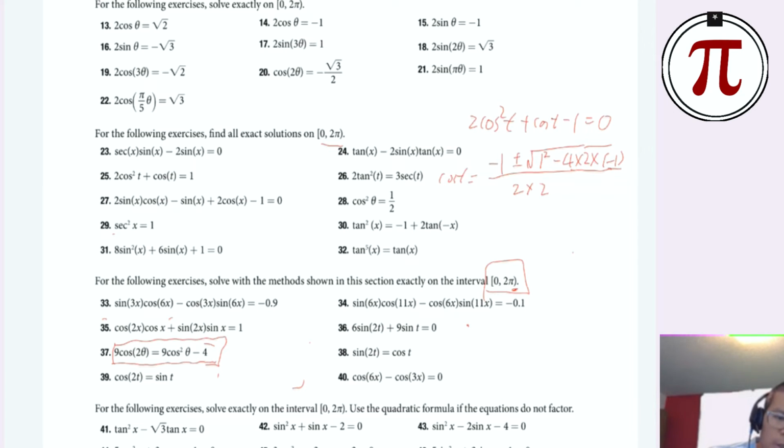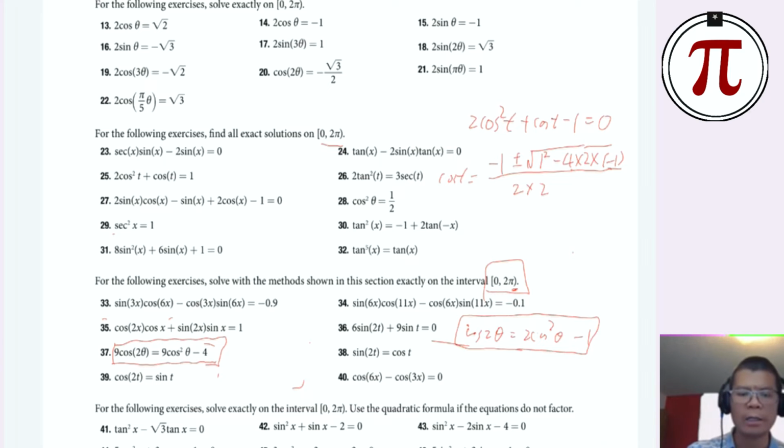Okay, so we did this one in last class, which means what? We want to use a formula like cosine 2 theta equals 2 cosine squared theta minus 1, right? So we want to use this equation. And then when you plug in here, you got a quadratic equation about cosine. All right, so then you can do that.